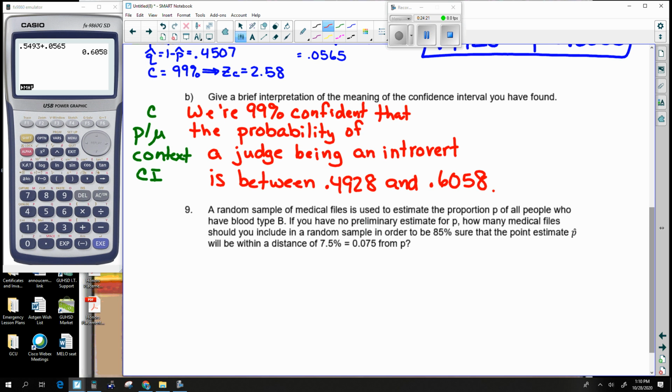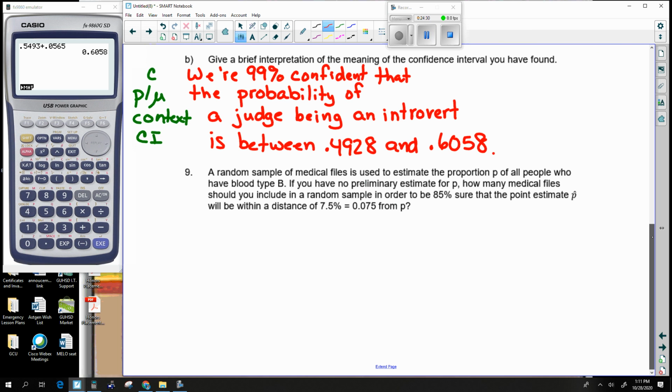Read it once. We're 99% confident that the probability of a judge being an introvert is between 0.4928 and 0.6058. All right, it makes logical English sense.